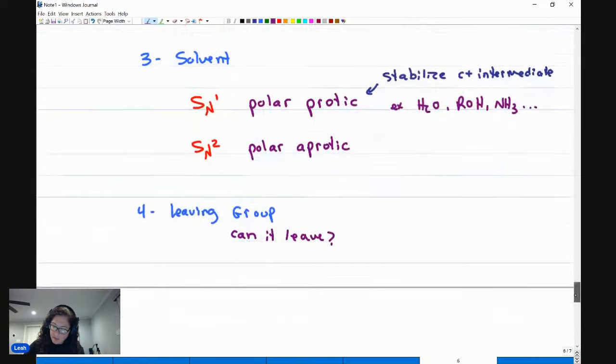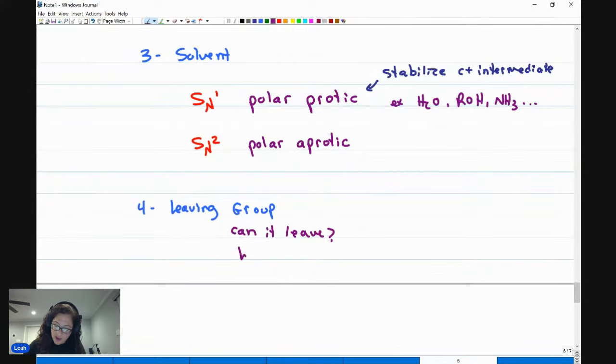Typically, a good leaving group is a halogen, or a positively charged molecule, for example, a positive charge that will leave and give me something neutral, something stable. I'll show you an example of this. Never kick out a carbon, never kick out something that is going to be really, really strong, like an OH leaving group to turn it into an OH minus. Very, very strong. Do not do that.